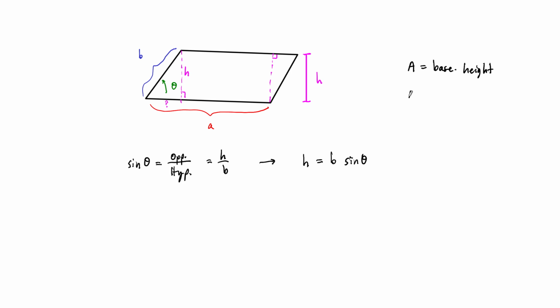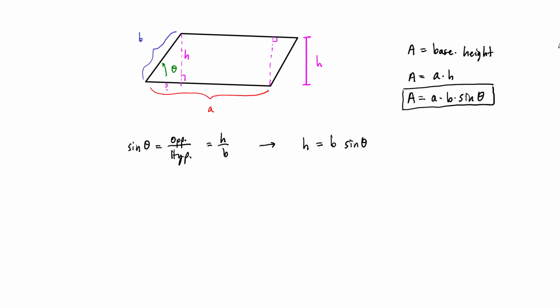Now we know our area is equal to the base, which in this picture is A, times the height H, which is given by this formula. So it's A times H, or in this case A times B times the sine of the angle between them. And this right here is a formula for computing the area of a parallelogram.